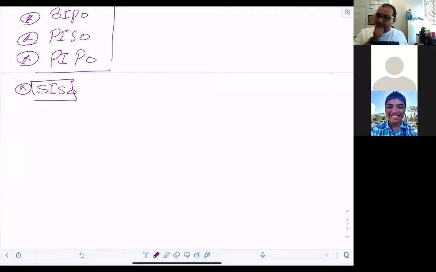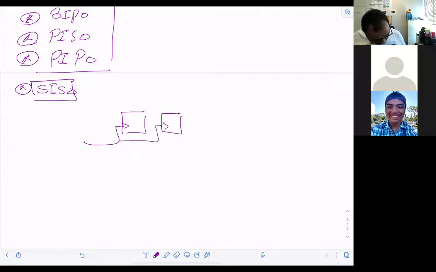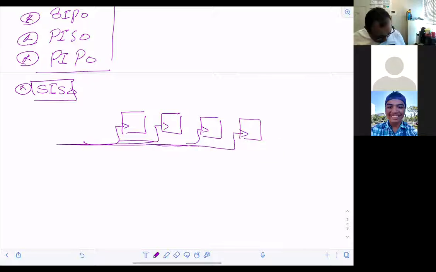Okay. Let's see how this SISO will look. You already have here a flip-flop, flip-flop, flip-flop, right? And this is our clock.